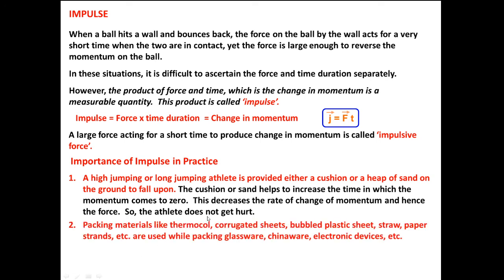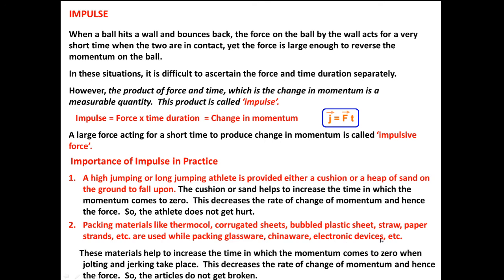You might have seen buffers or thermocol, plastic sheets, straw, paper used as packing material, especially for packing glassware, chinaware, electronic devices. The reason is to increase the time in which momentum comes to rest. Means it decreases the rate of change of momentum. So it decreases the force.